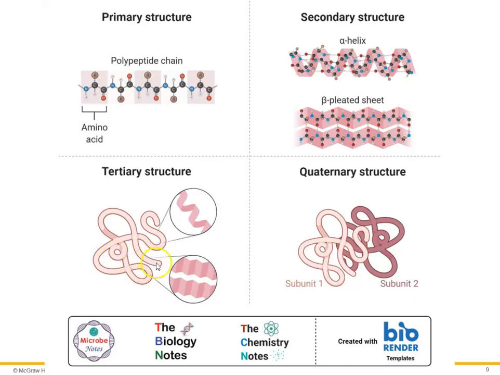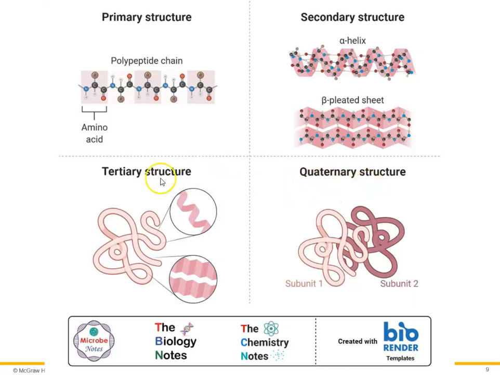But if you zoom into one of those folds, you'll see it's made up of even more folds. The beta pleated sheet here, or the coil here, the alpha helix. So that's what tertiary structure is. Think about it as superfolding, okay? Folds upon folds.